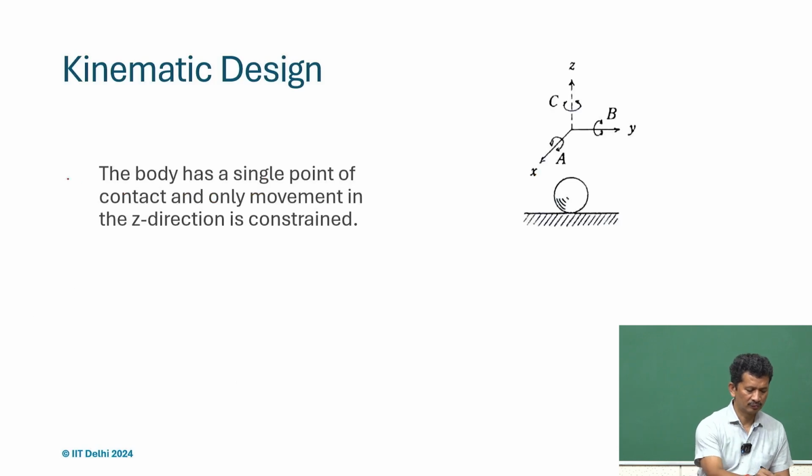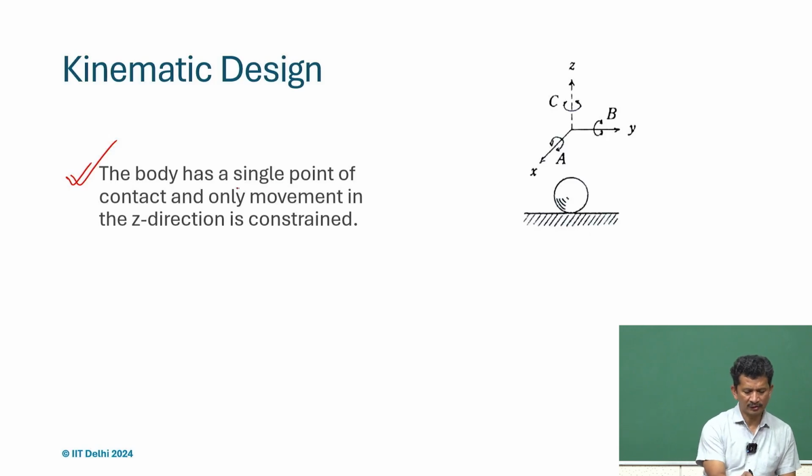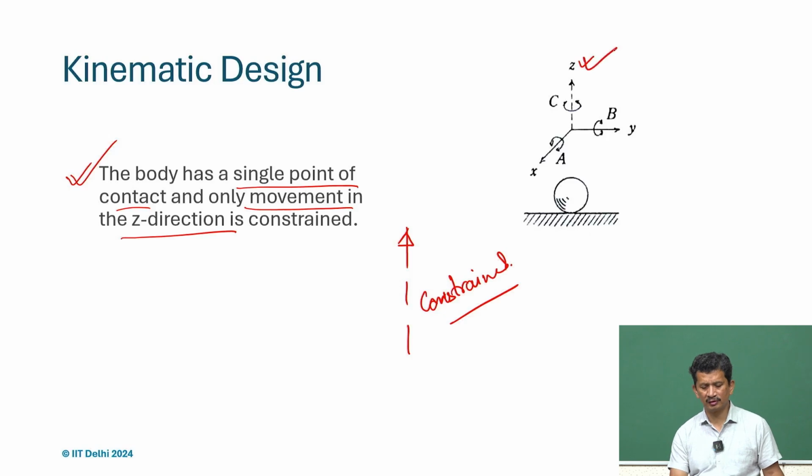So, in this case, a spherical object resting on a flat surface. The body has a single point of contact, and the only movement, that is in z direction, is a constraint. Many times any kind of constraint, if you are putting it here, if it is dotted, it means constrained. This motion is constrained. That is why you see the z translation is constrained here.